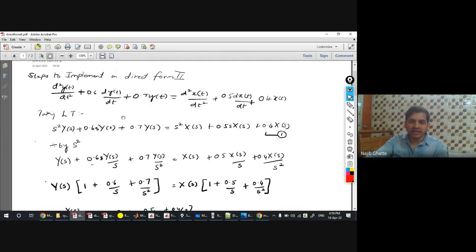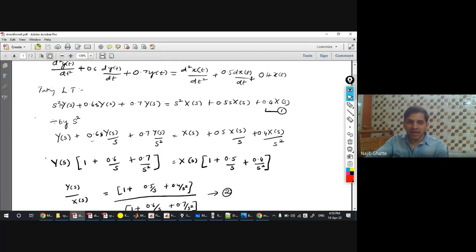Now, converting the entire differential equation from time domain to Laplacian domain, I use a Laplacian transformation, which directly says that differentiation in time domain is multiplication by s in frequency domain. So you have s square y of s plus 0.6 s y of s plus 0.7 y of s equal to s square x of s plus 0.5 s x of s plus 0.4 x of s.